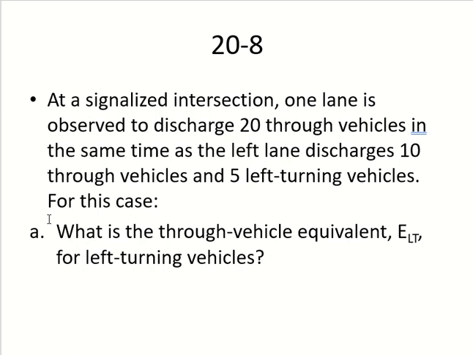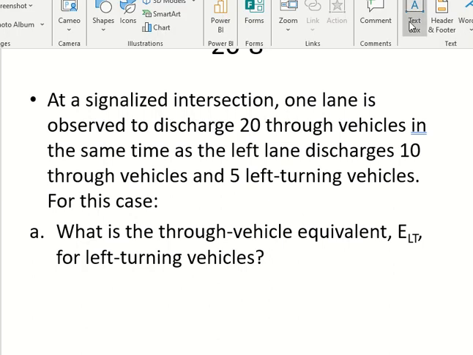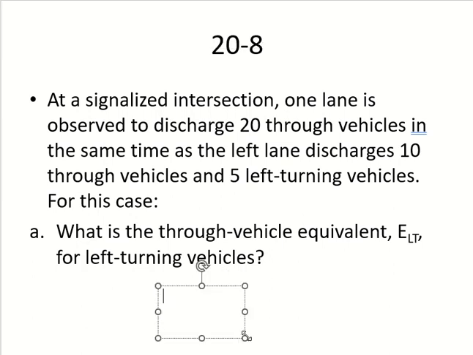When the signal became green, they observed both lanes for the same amount of time. Let's say the time was x. So both lanes were observed for x seconds. In x seconds, from one lane, 20 vehicles passed.